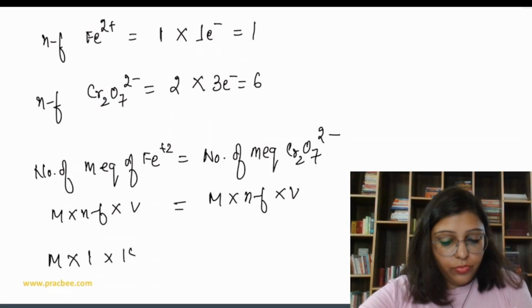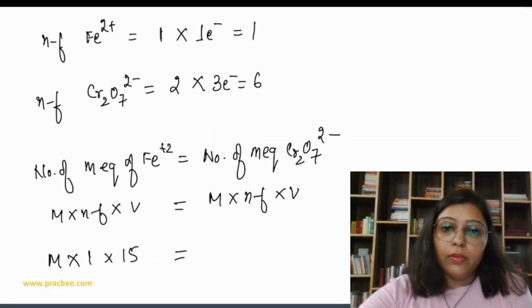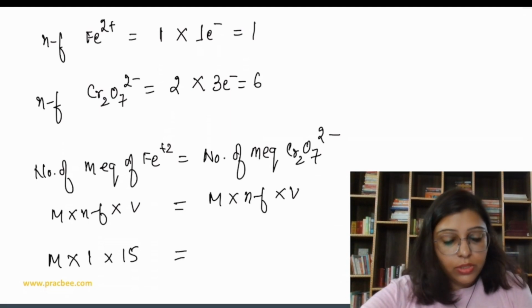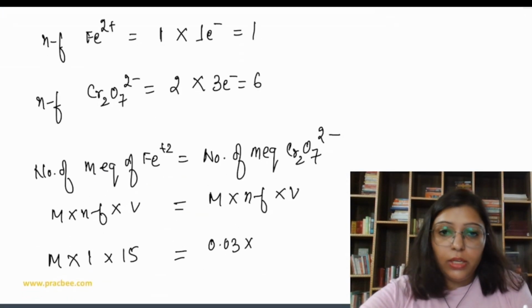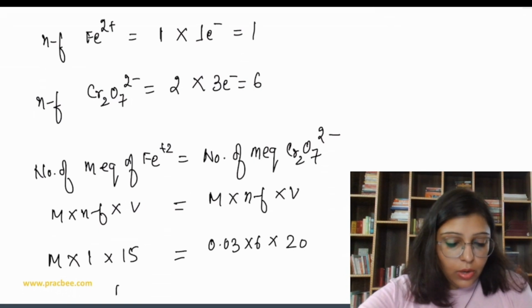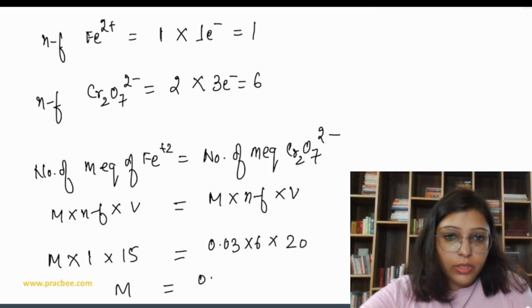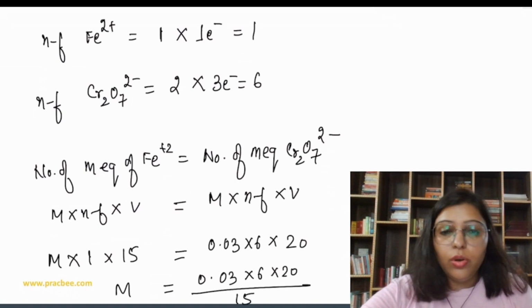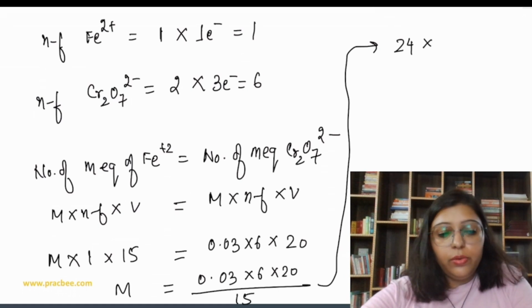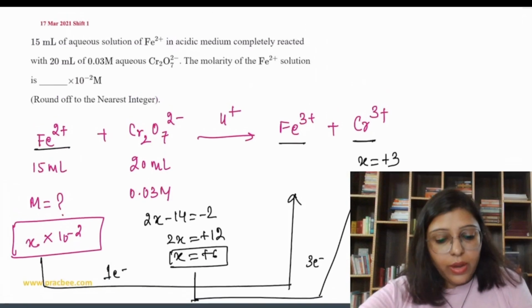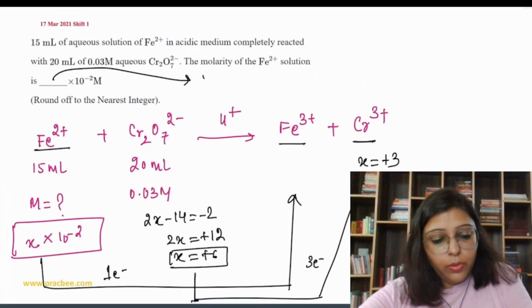So 1 into 15, and here milliequivalents of Cr2O7 2 minus is 0.03 into 6 into 20. Now on solving, we get 0.03 into 6 into 20 upon 15. So on solving, you get 24 into 10 to the power minus 2 molar. So you have to report your answer as 24. That is the answer.